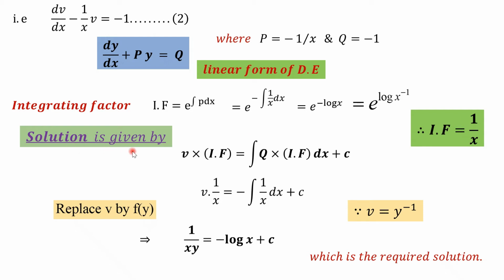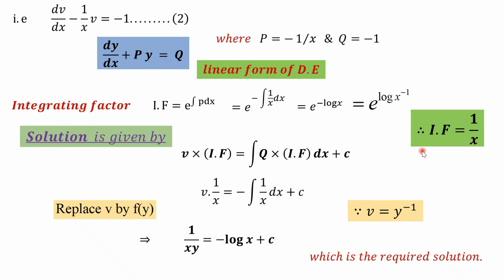Now the solution is given by dependent variable. In equation 2, the dependent variable is v. That's why v × I.F. = ∫ q × I.F. dx + c. Substitute the value of I.F. over here.